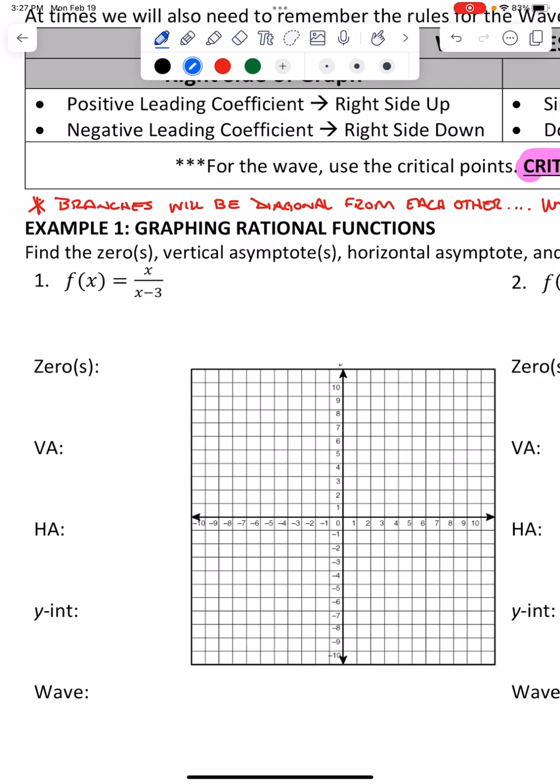Remember, zeros come from the top, equals 0. So if we look, we've got x equals 0. So there's that. Vertical asymptotes come from the bottom, right? So that's where the bottom equals 0. So add your 3, and we get that. Horizontal asymptote, we look at the degree. Okay, so here we have a degree of 1 and a degree of 1.